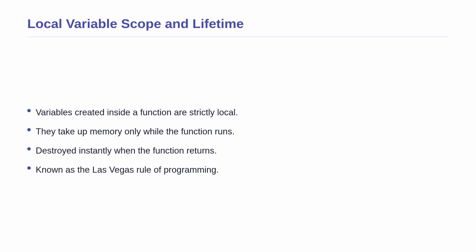The moment the function starts running, these local variables are born. However, the exact millisecond the function finishes its job, all of those local variables are instantly destroyed and erased from memory. You can think of this as the Las Vegas rule of programming. Whatever variables are created inside a function stay inside that function and die when the function ends.